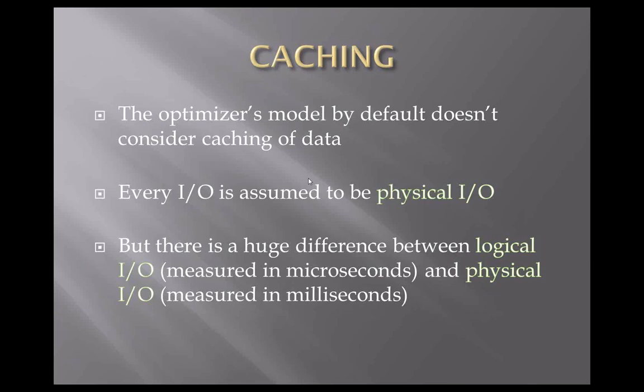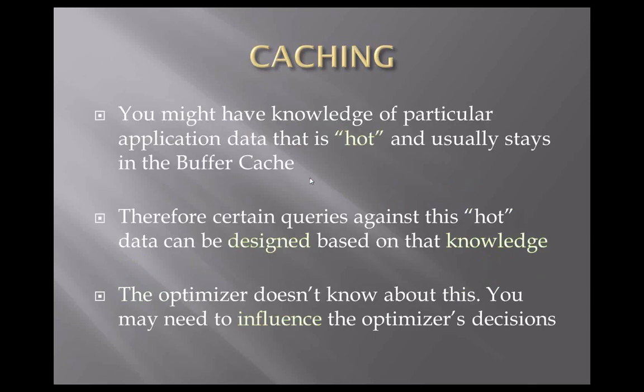So if you happen to know that a particular part of your data is very likely to be cached very well, like the most recent orders that have been processed in your system, then this is something that you might need to tell the optimizer about. That is simply something that the optimizer is not aware of.